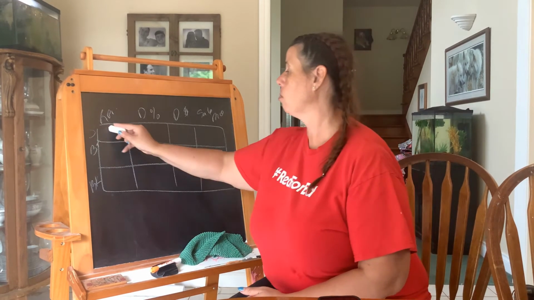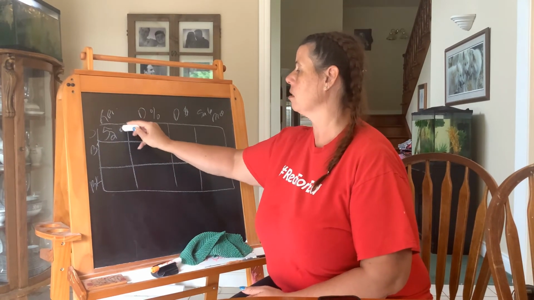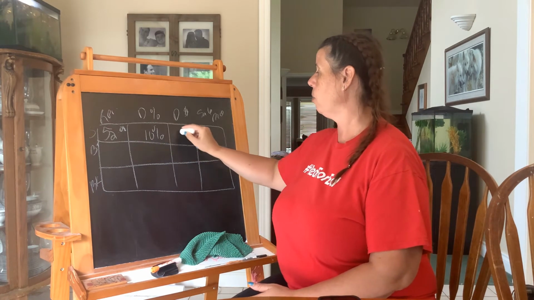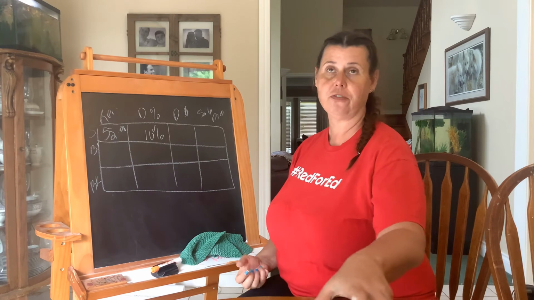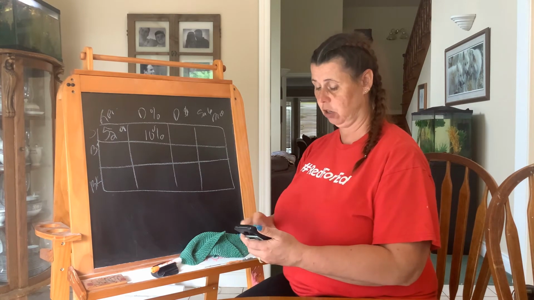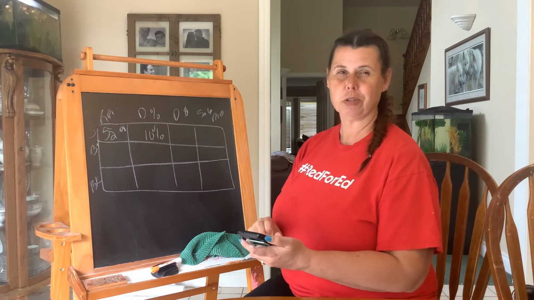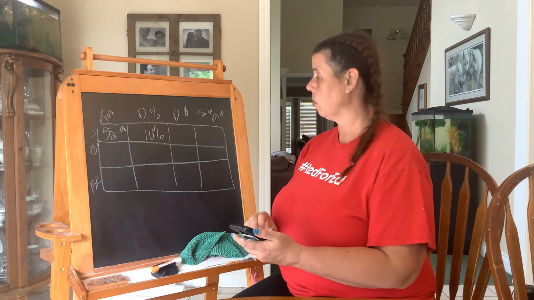Okay, regular price of the sweater is 52 bucks. It has a 10% discount. So we have to figure out how much 10% of $52 is. I'm just going through the motions because I know what it is, but we're going to do it together.